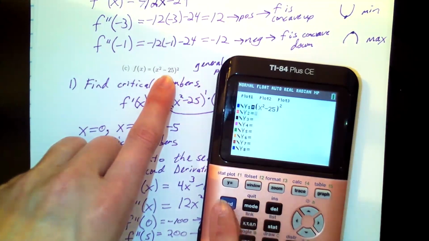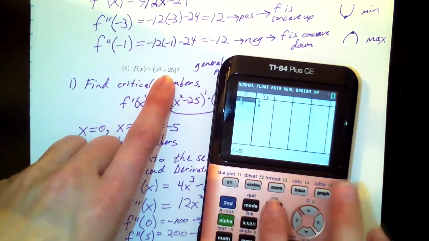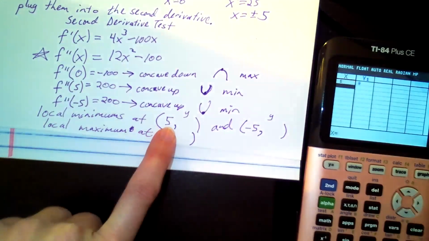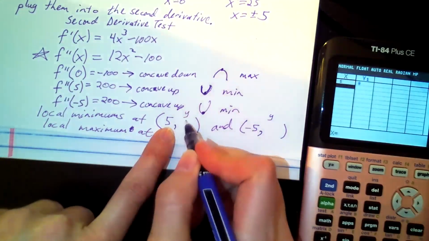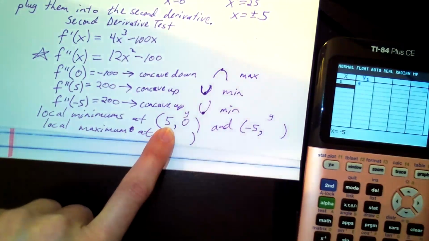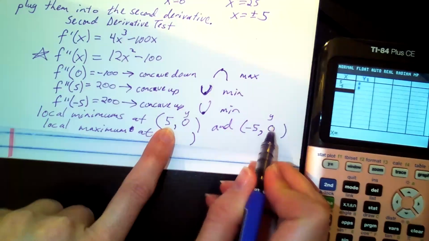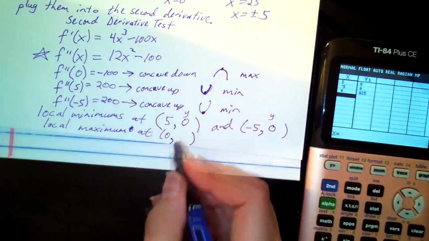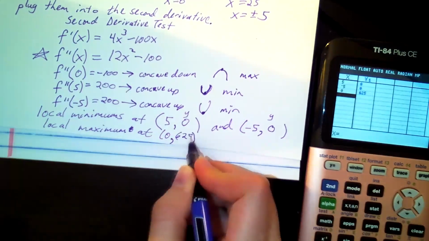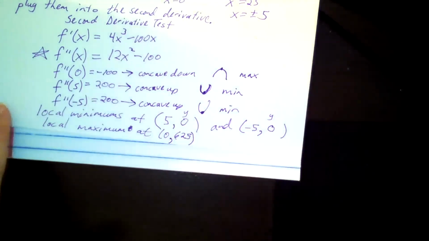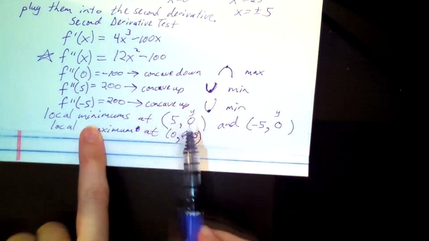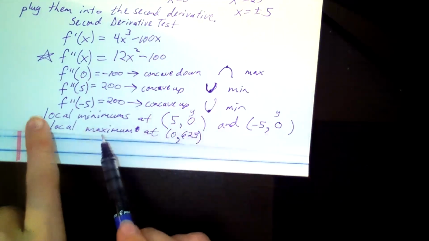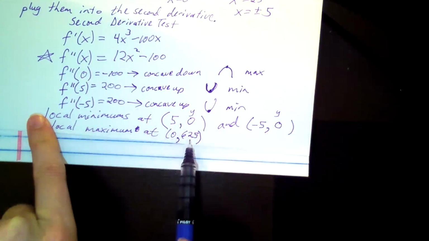So I'm going to punch in 5 to get a y value of 0, negative 5 to get a y value of 0, and plug in x equals 0 to get a y value of 625. So I have two local minimums at 5, 0, and negative 5, 0. I have a local maximum at 0, 625.